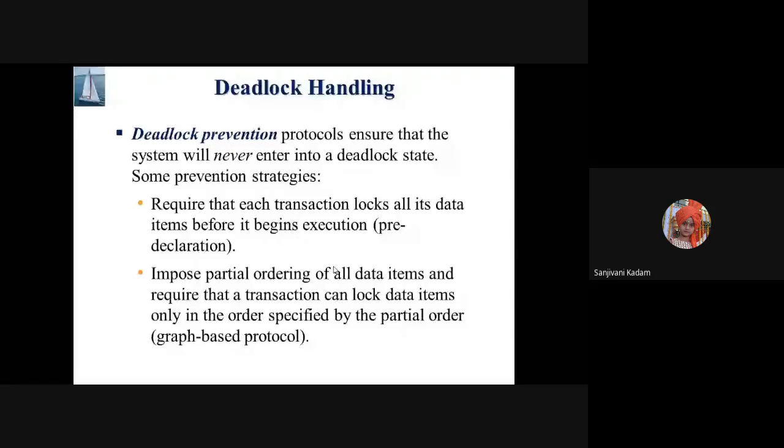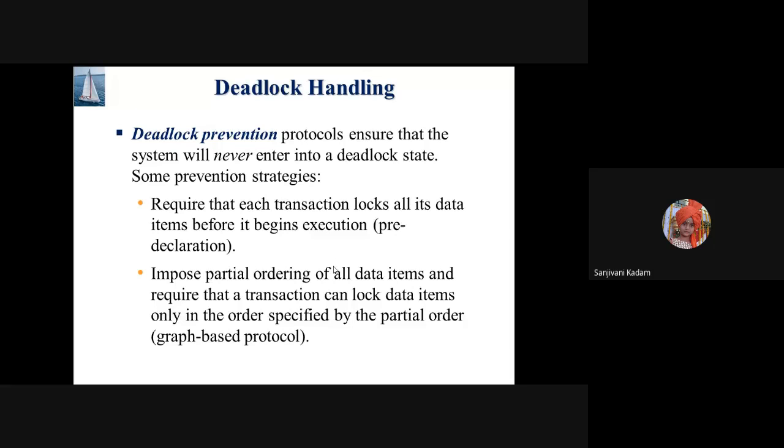Deadlock prevention ensures that the system will never enter a deadlock state. So this is the best way to deal with deadlocks, that is, we should have preventive strategies. Here, the first way is that before the start of the transaction, we send a request for all the data items which may be required during the transaction.